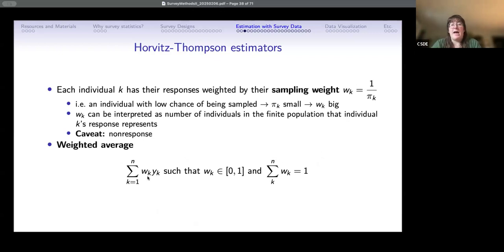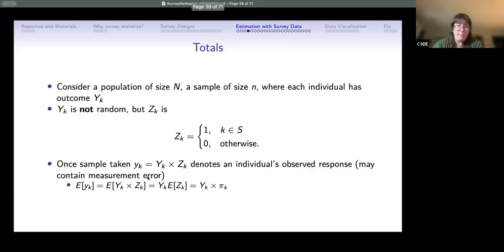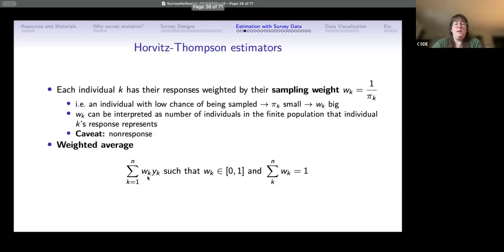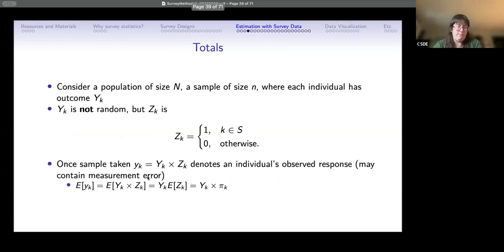You probably have that form of grading system for any class that you've taken. In this case, usually in surveys, our weights are not between 0 and 1. So it's not really a weighted average, it's a weighted sum. But I just want to connect that back to a weighted average as sort of a motivation as to why someone might do this.